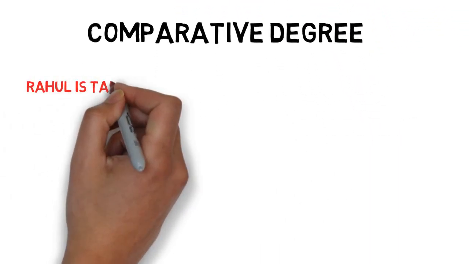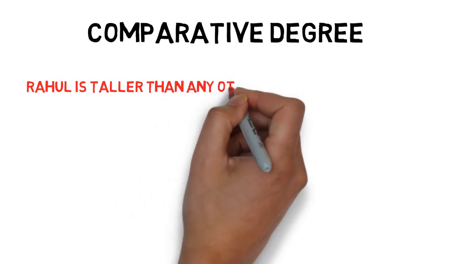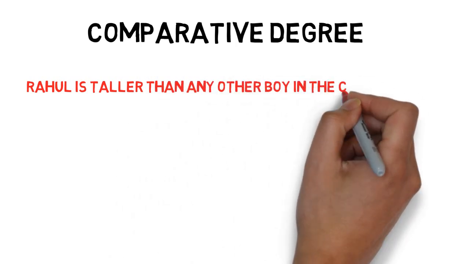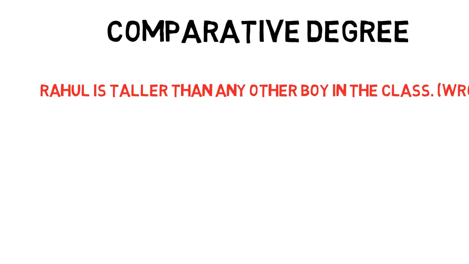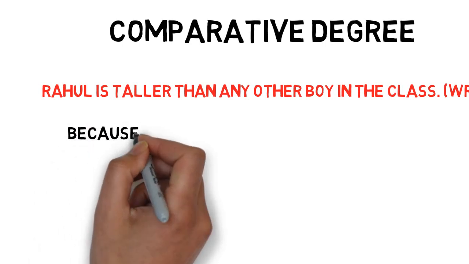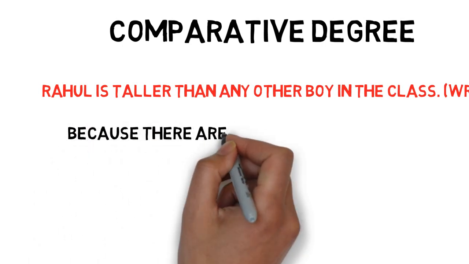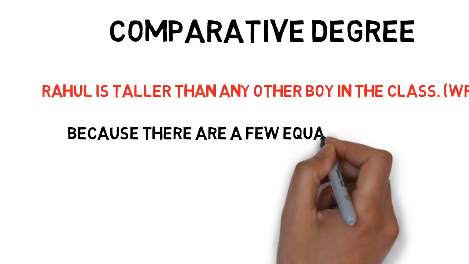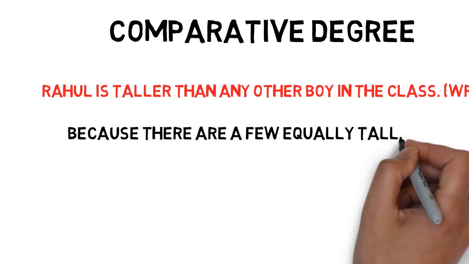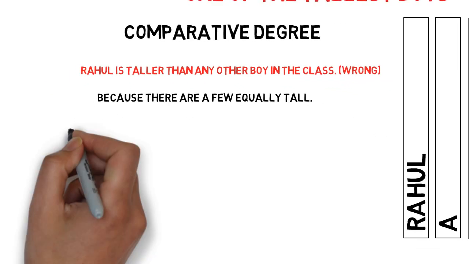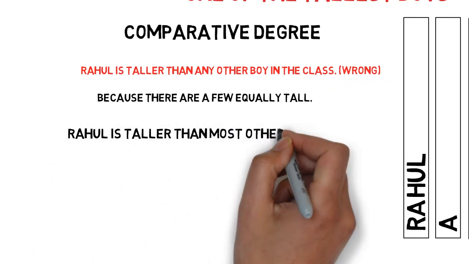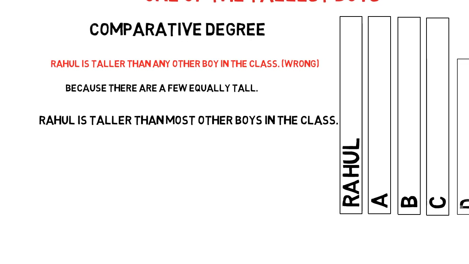In the previous example, we have written that Rahul is taller than any other boy in the class, or all the other boys in the class. But we cannot write here like that, because there are a few who are equally tall. So how to write? So we have to slightly make a change in the word. So Rahul is taller than most other boys.